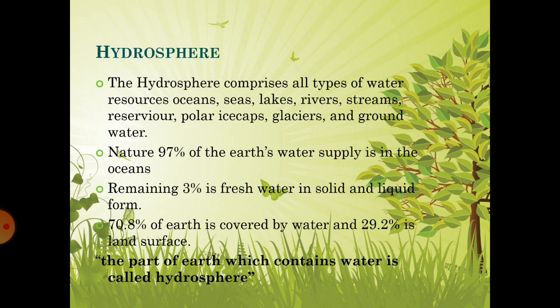Next sphere is hydrosphere. Hydro means water. The hydrosphere comprises all types of water resources: oceans, seas, lakes, rivers, streams, reservoirs, polar ice caps, glaciers and groundwater. 97% of Earth's water supply is in oceans and the remaining 3% is fresh water in solid or liquid form. 70.8% of Earth is covered by water and 29.2% is land surface.